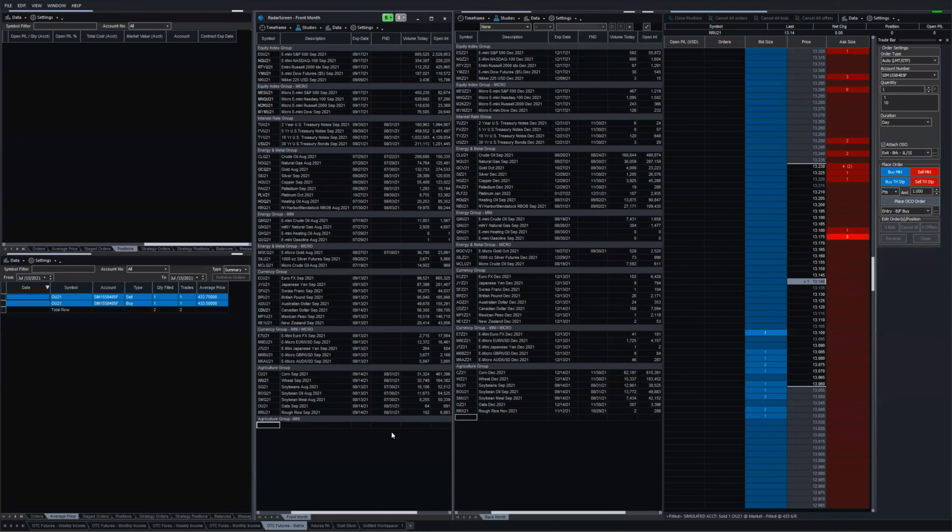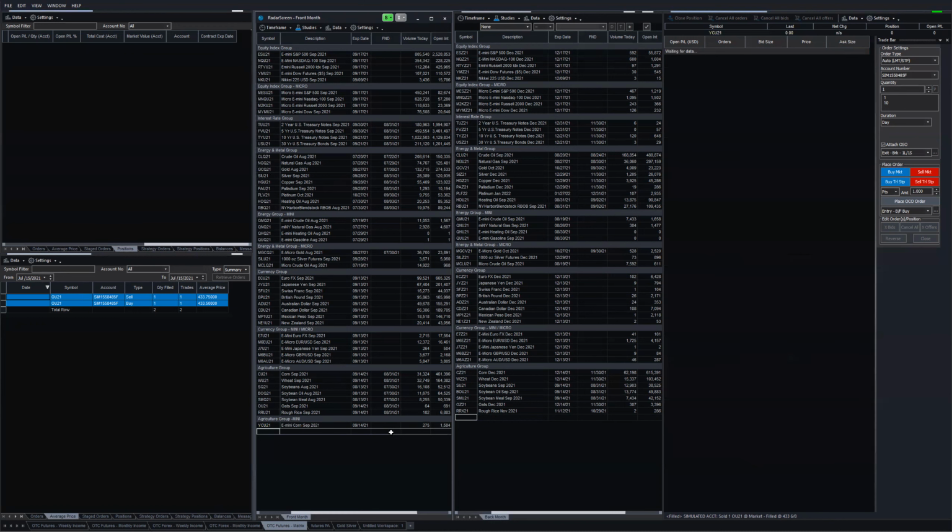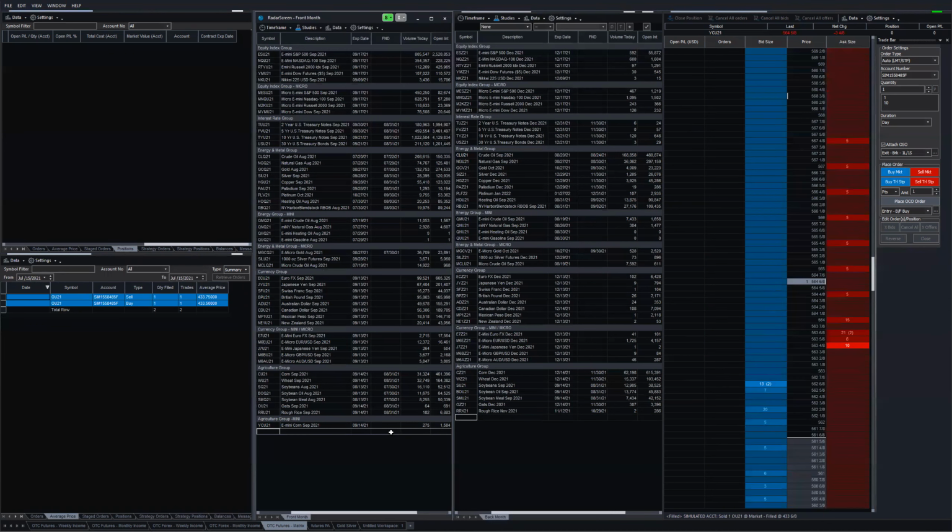So we have corn mini is YCU21. So YC is the symbol. For wheat the symbol is YW21.